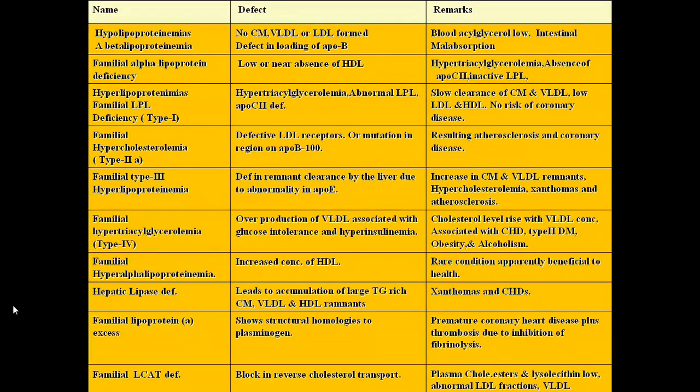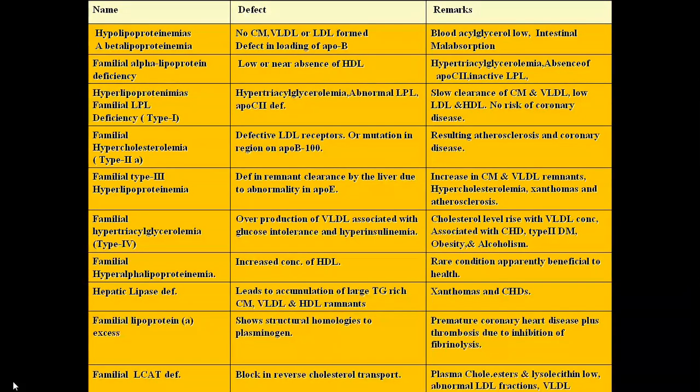Familial lipoprotein(a) excess. Due to its structural homology and resemblance to plasminogen, lipoprotein(a) impairs fibrinolysis, causing premature coronary heart disease plus vascular thrombosis. Last, familial LCAT deficiency. LCAT stands for lecithin cholesterol acyltransferase.